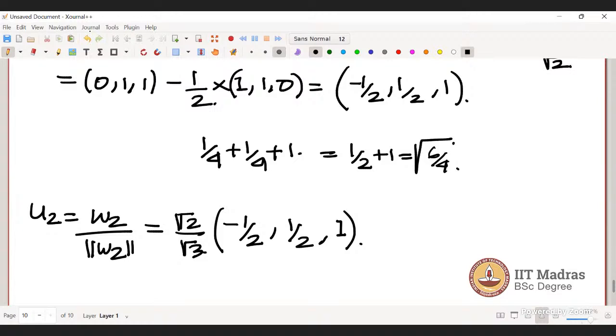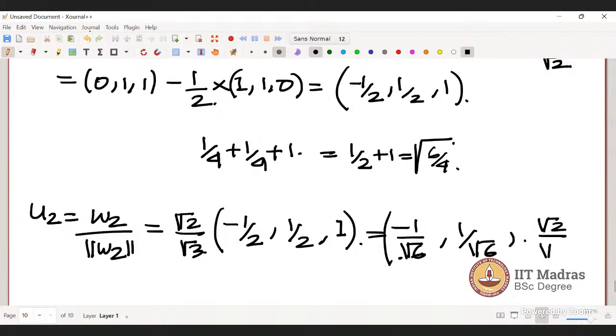Anyway, I'm going to get the same thing. So this is basically minus 1 by square root of 6, 1 by square root of 6, and root 2 by root 3.